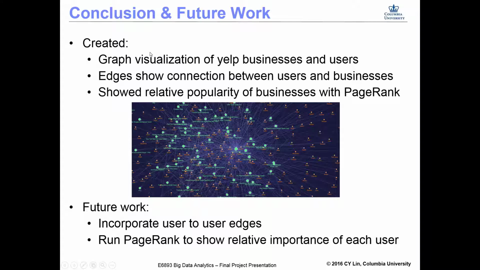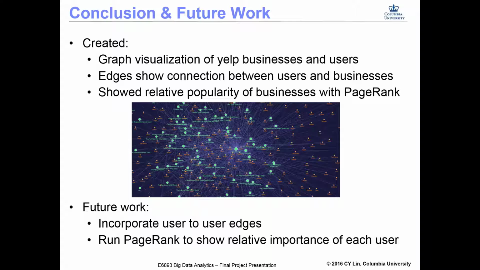So in conclusion, I've created graph visualizations of the Yelp businesses and users. The edges show the connection between these users and the businesses. And I've used PageRank to show the popularity of the business. In the future, I hope to incorporate user-to-user edges, the social edges, so that I can identify the source of the influence in my graph.